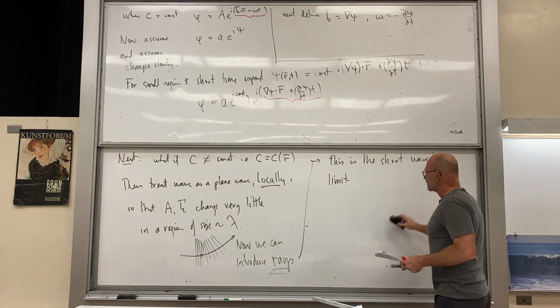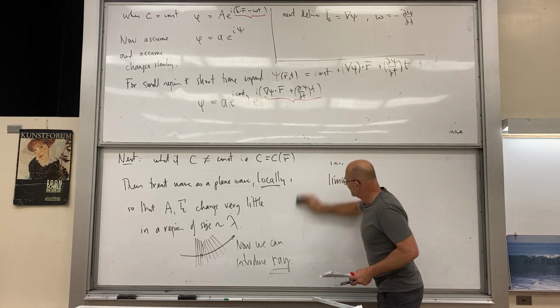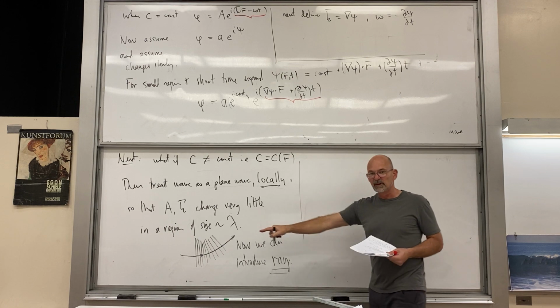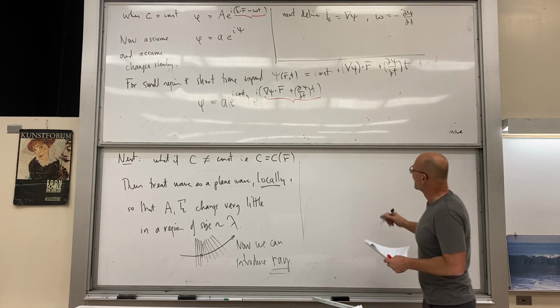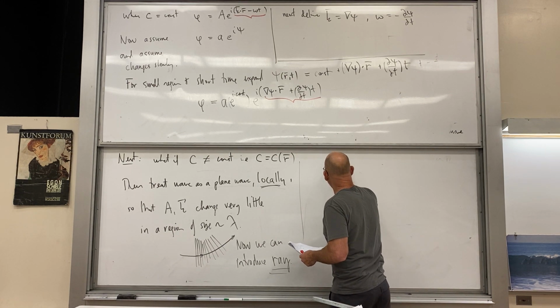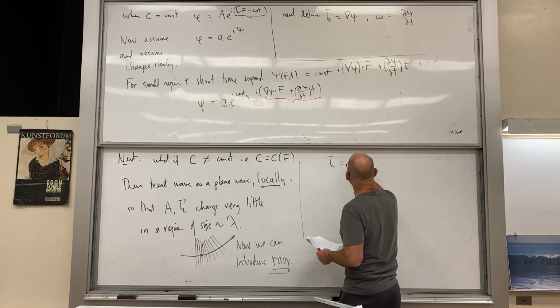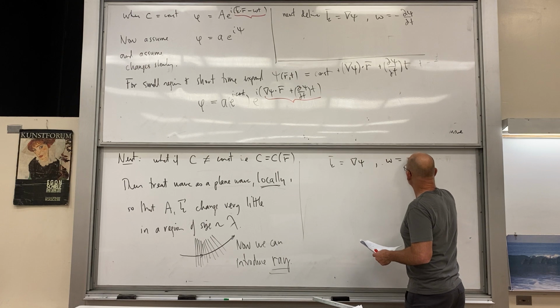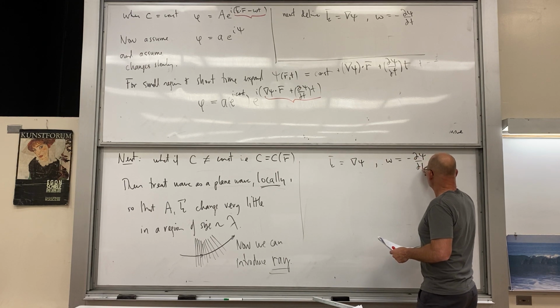We'll keep the picture for the moment and just use this side. Still useful to be looking at that thing. Okay, so we're continuing on there. So K equals gradient C, omega equals minus ∂C/∂t.